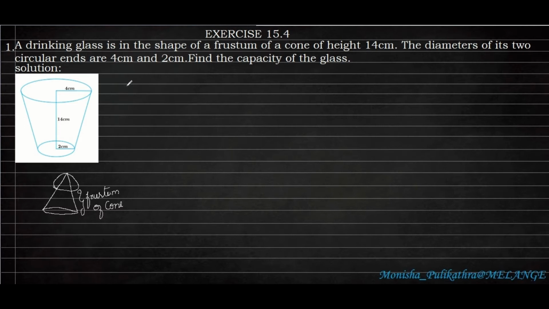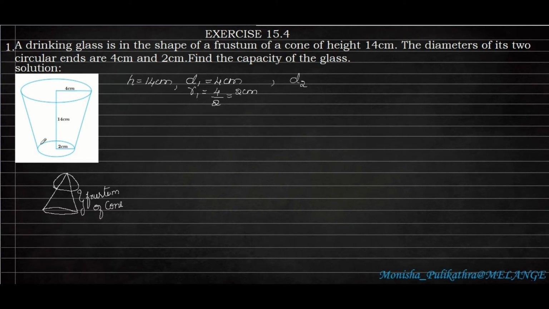The data given here: first, height h is 14 centimeter. Next, diameter 1 is 4 centimeter, so the radius is 4 by 2, that is 2 centimeter.